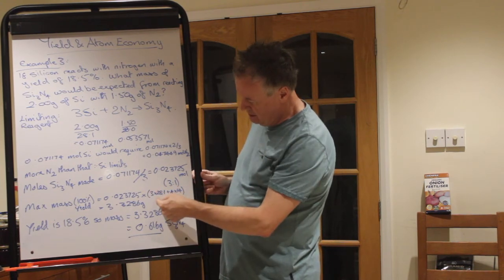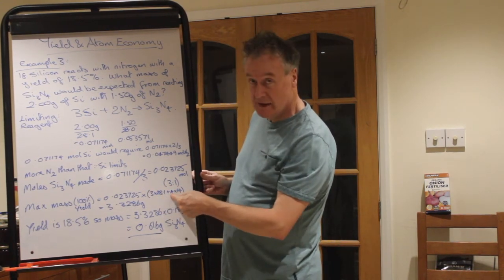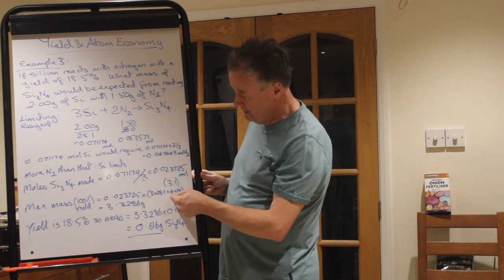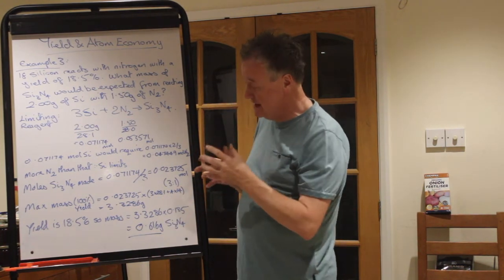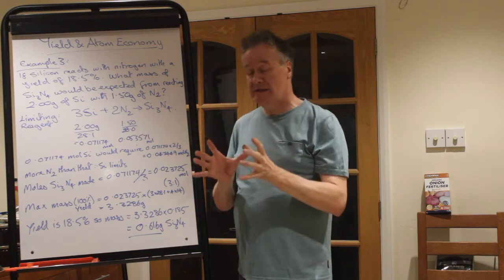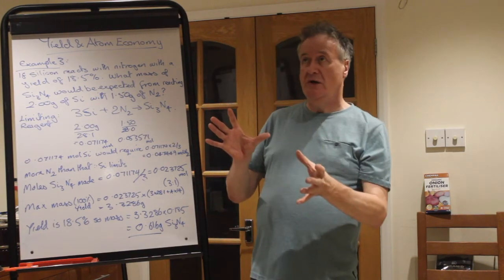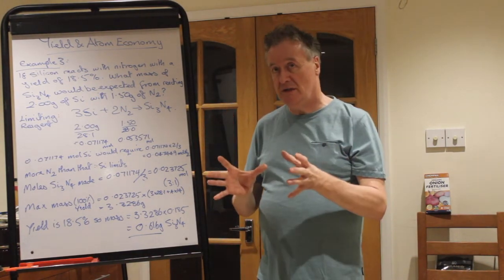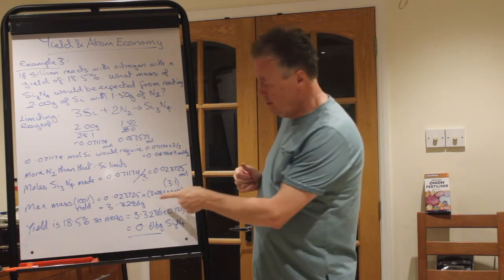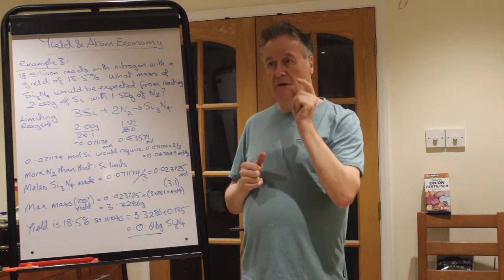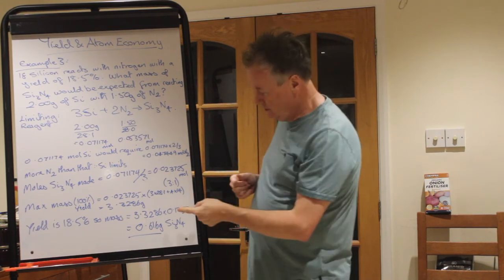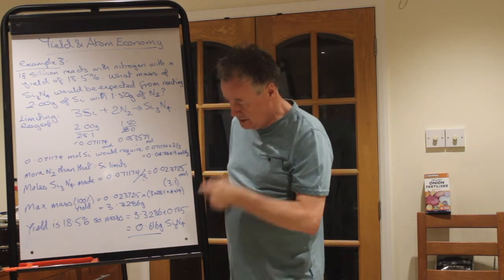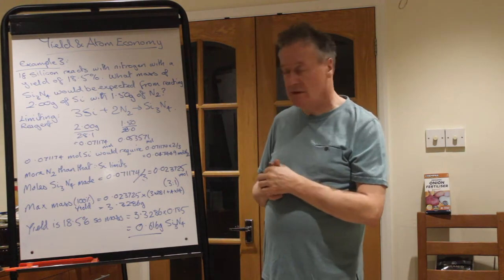So here it is. This will be the formula mass calculation for Si3N4. And you get 3.3286 grams maximum. Then you go, that's the 100% yield. I was actually working at 18.5, so you multiply this mass by 18.5 over 100, which is 0.185, which is what this is here, and you get 0.616 grams.